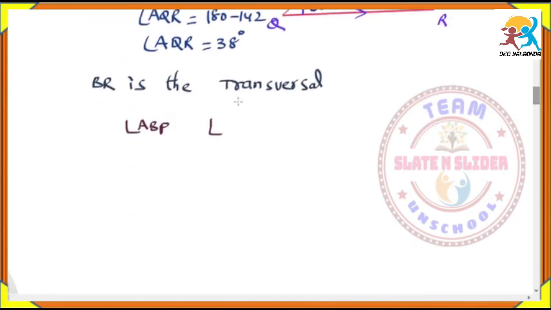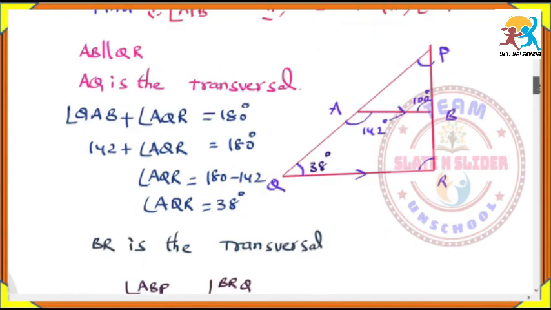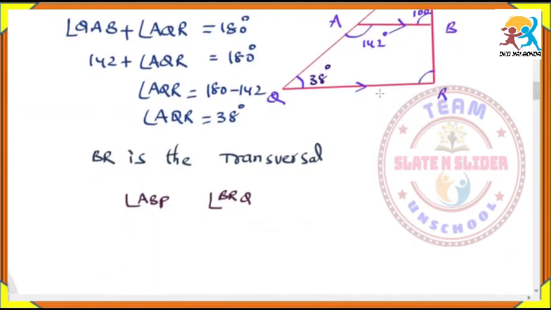What is the relation between these two angles? Observe, these two angles are on the same side of the transversal and one is in the interior and another one is in the exterior, so the two angles are called corresponding angles. Here two lines are parallel, so corresponding angles are equal. We can write the reason, since corresponding angles.